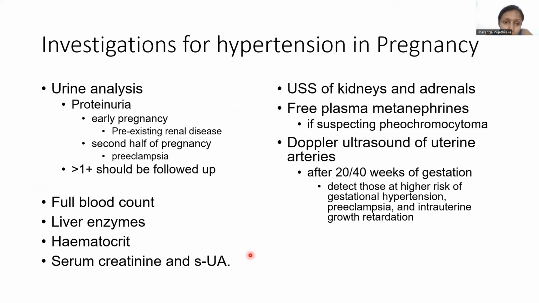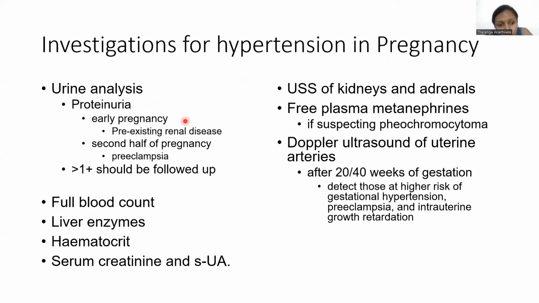Now, we spoke about what investigations are important in hypertensive emergency in the general public. Here we are going to talk about what investigations are important in pregnancies that are complicated with hypertension. So usually we do the urine analysis now. So you look for proteinuria.